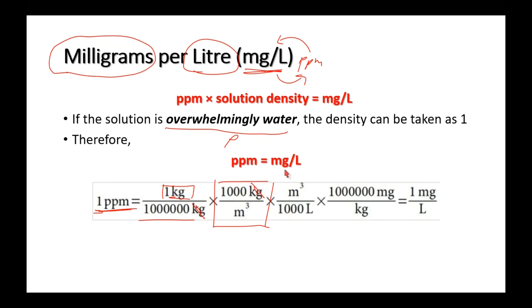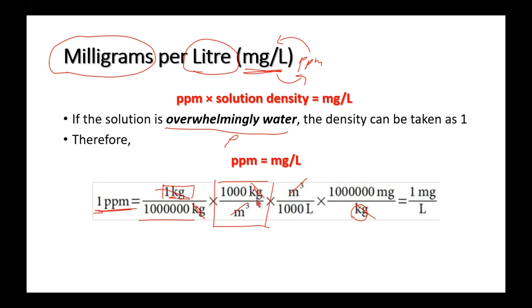But what we want to get is milligrams per liter. So we know that 1 cubic meter has 1,000 liters in it. So now we've got 1,000 kilograms per 1,000 liters. And we know that a kilogram is 1,000,000 milligrams.